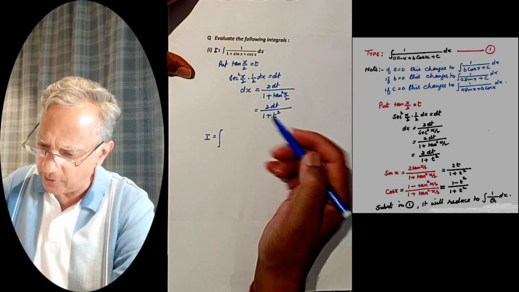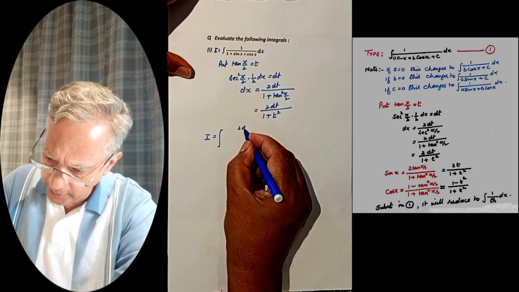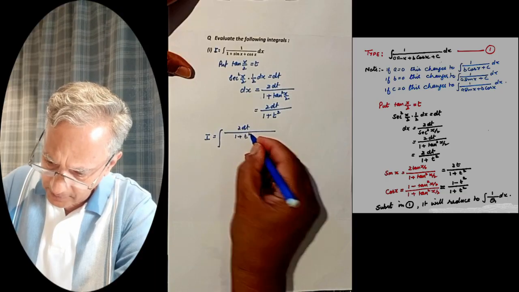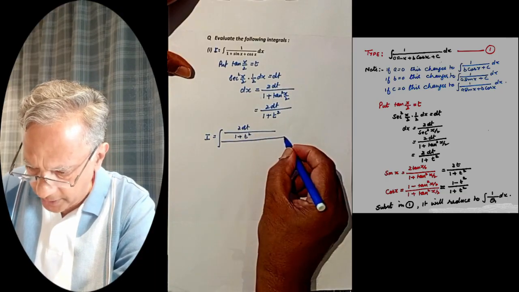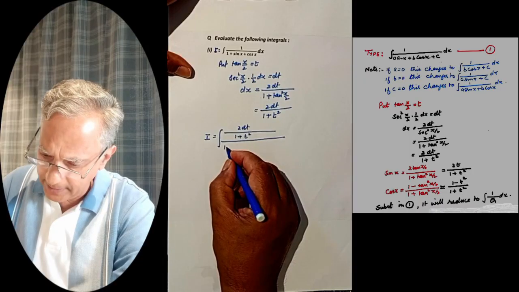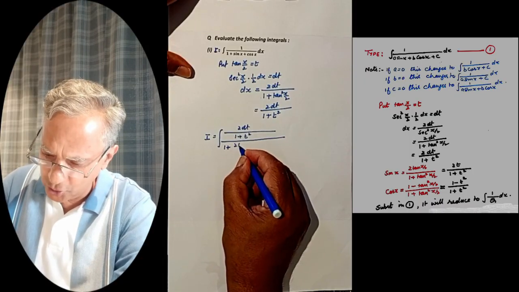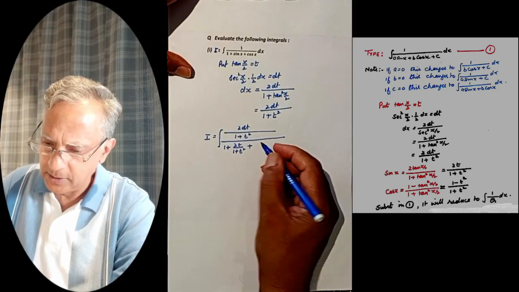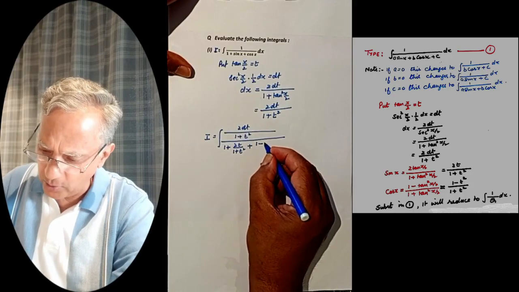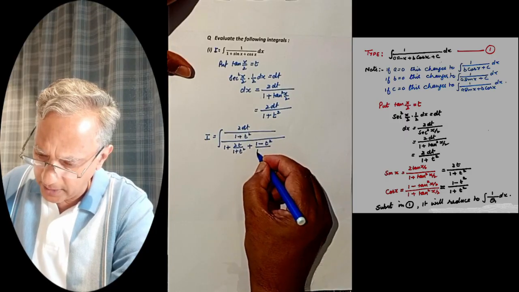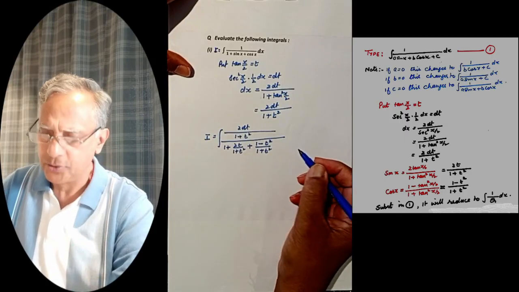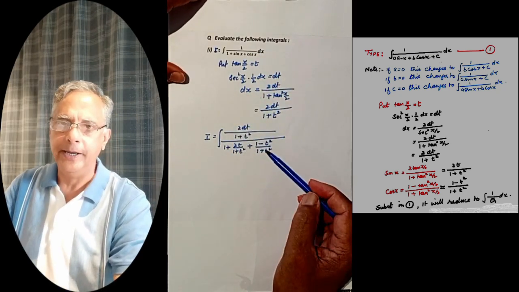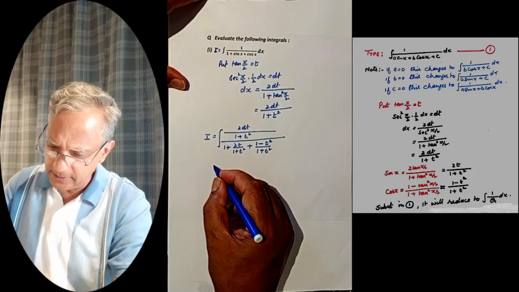Now, in place of dx, we will write 2 dt over 1 plus t square, whole divided by 1 plus sin x, sin x is 2t over 1 plus t square, plus cos of x, cos of x is 1 minus t square over 1 plus t square. So this question has now changed into a new variable t. Now we solve this question.